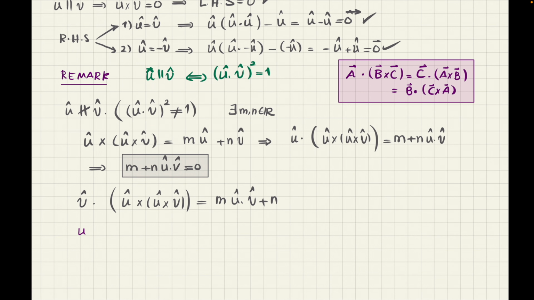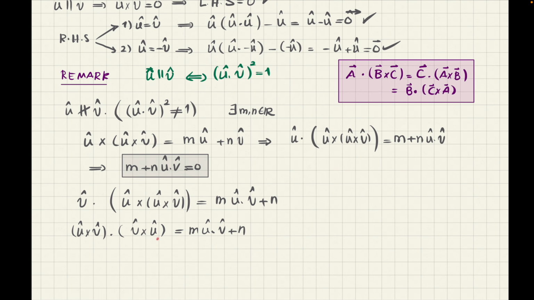I can write it as u cross v as my C vector, dot v cross u, so this is C and this is A and this is B. So C dot A cross B is equal to A dot B cross C. Then on the right hand side I will have the same thing: m u dot v plus n.